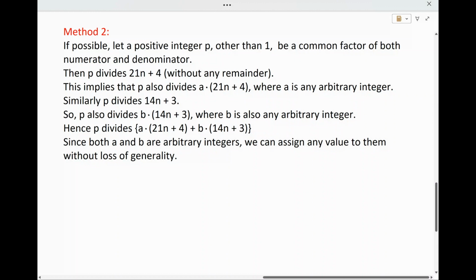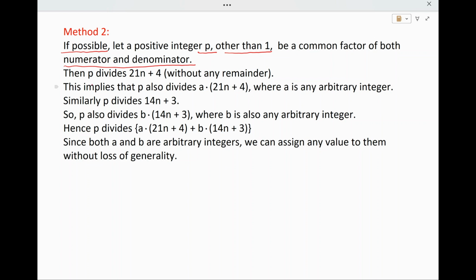The second method: if possible, let there be a positive integer p other than 1, which is a common factor of both numerator and denominator.